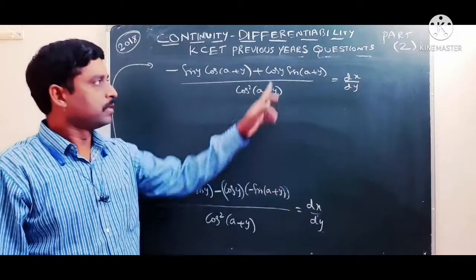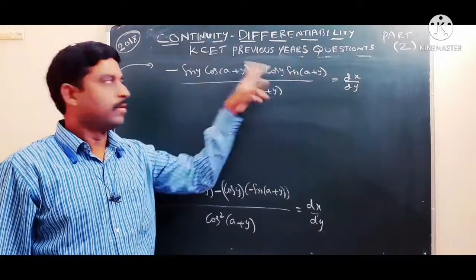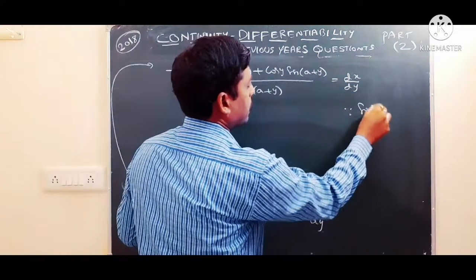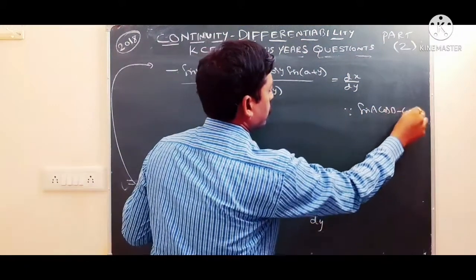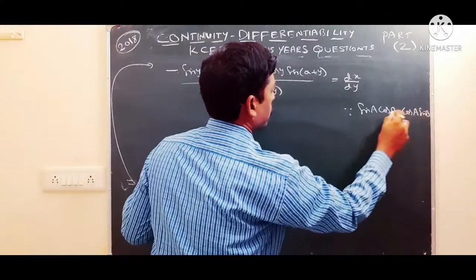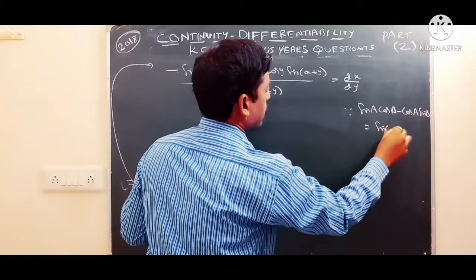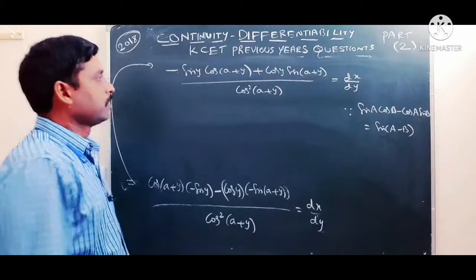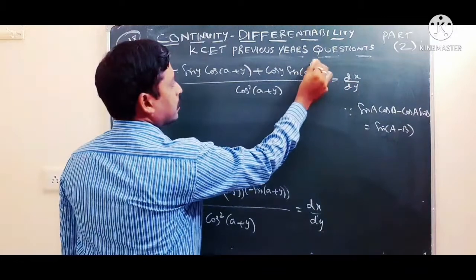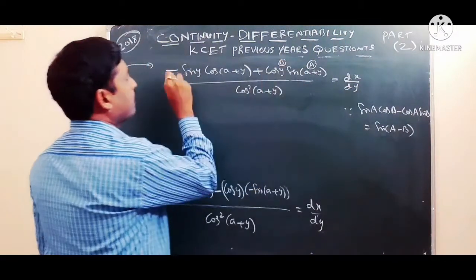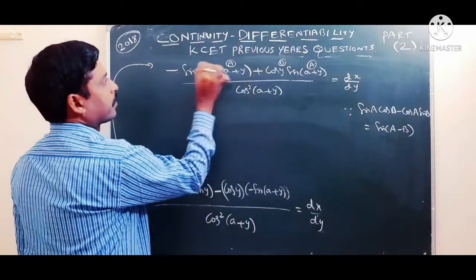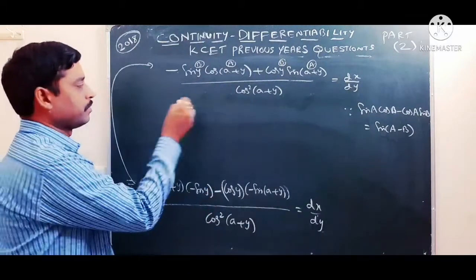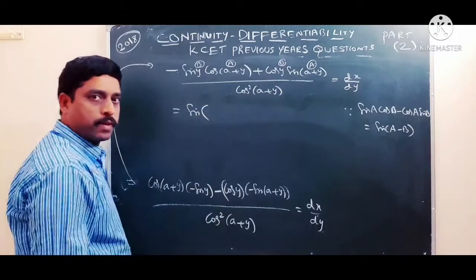We have one formula: sin a cos b minus cos a sin b will be sin of a minus b.